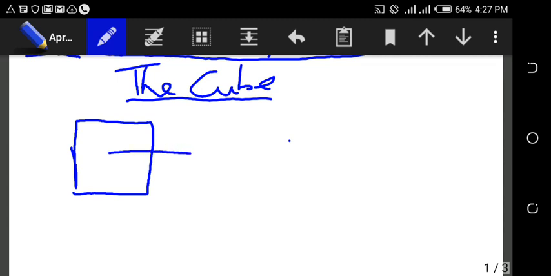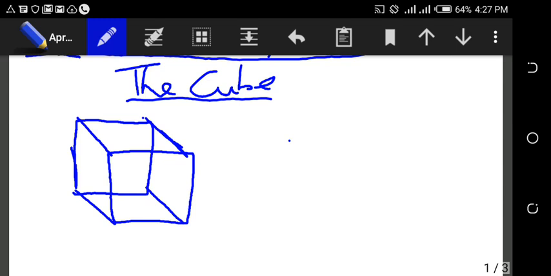Then, for you to connect the lines, draw from here to here, connect here, connect here, and connect here, and we have a cube. So that's a cube.